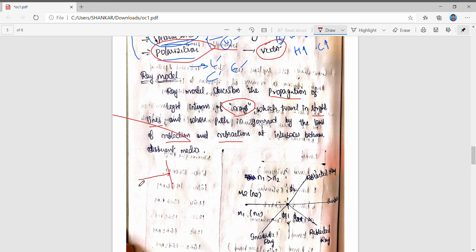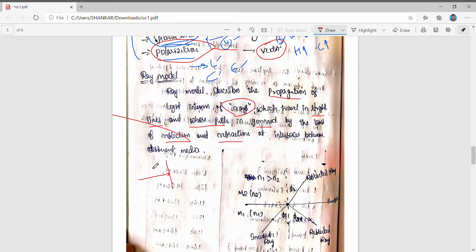When it strikes some plane or some medium, there may be a chance of reflection or refraction. Whose path means which path? The light signal path is governed by the law of reflection and the law of refraction.